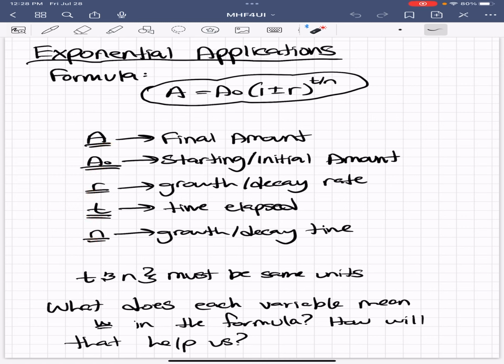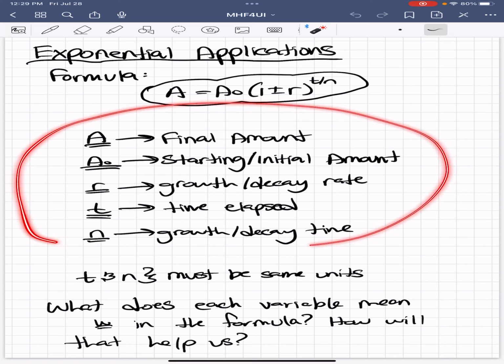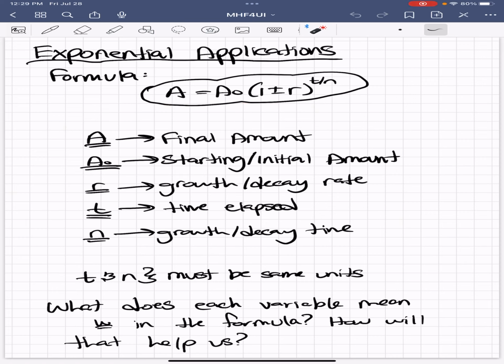I'm going to give you a moment to write that down. It's sort of a legend, and we're also going to be doing the same legend but with actual numbers later on when we solve our exponential application questions.